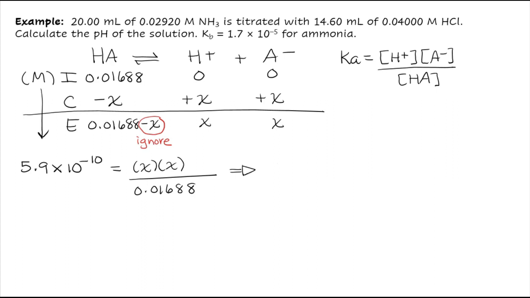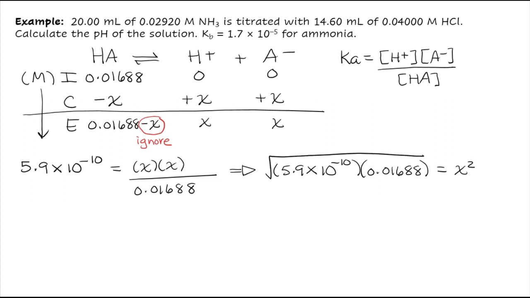Cross multiplying, we end up with 5.9 times 10 to the negative 10 times 0.01688 equals X squared. And we can take the square root of each side to give us X.